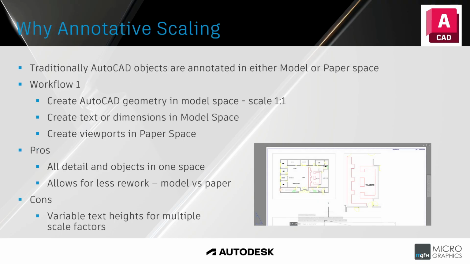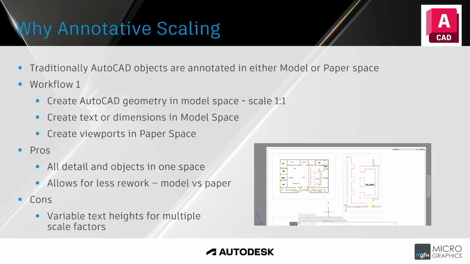Okay. So how did we get here? Traditionally, when you're working in AutoCAD, you will either annotate a dimension or put your text in model or paper space. And there's been a debate raging on for years and years on what's the best way to do it. Do you do it in model space, do it in paper space? Typically how this came along is that paper space didn't exist until about AutoCAD 14, I think.